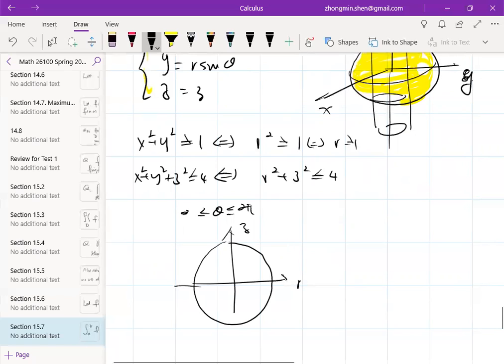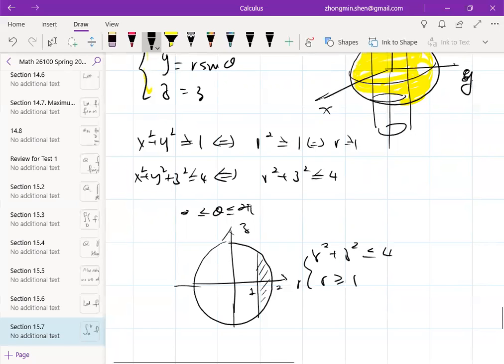So that is the piece. These two conditions, r squared plus z squared less than or equal to 4 and r greater than or equal to 1, describe that region.